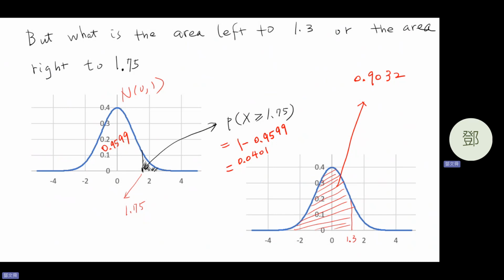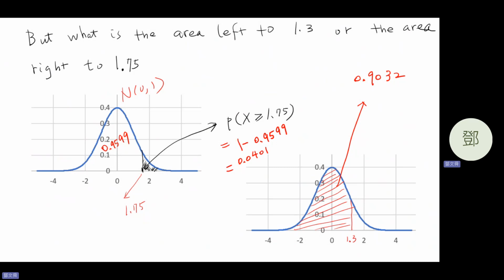So if you want the area on the right, then you need a simple calculation: 1 minus the area left to it. Okay? Understand?